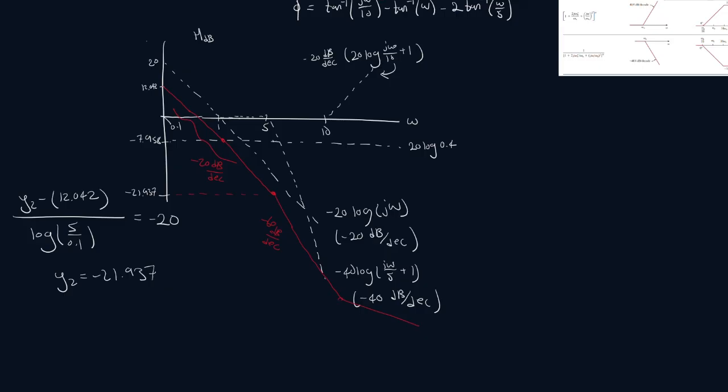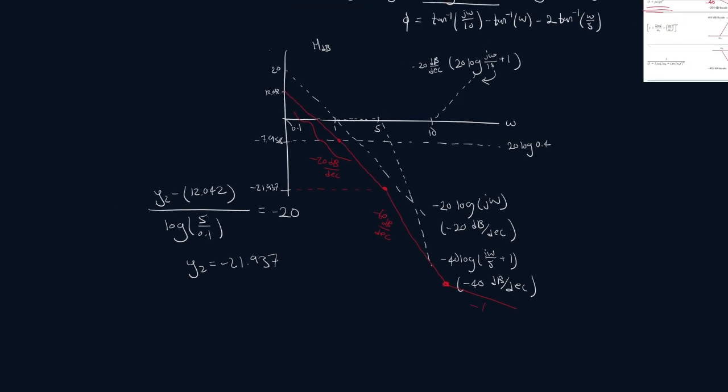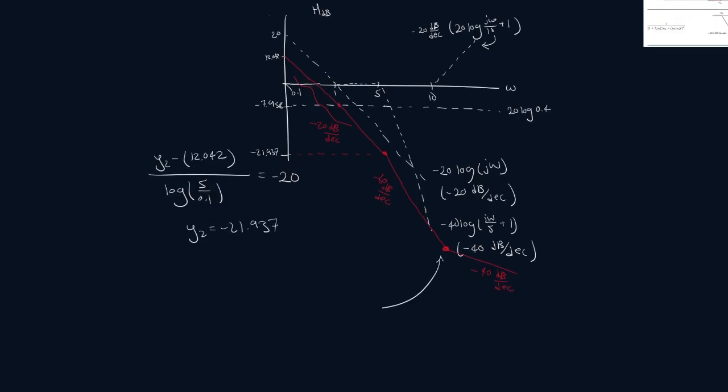Okay, so let's find the point of this, and then we should be done. Okay, so this is minus 40 decibels per decade. So for this point, it's going to be y2 minus y1, where y1 will be this, all over log of x2. x2 is going to be 10, all over x1, which is 5.